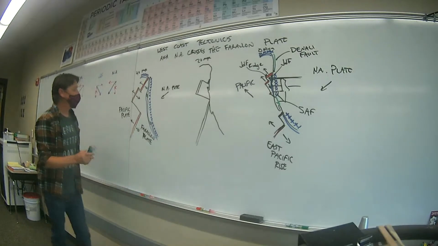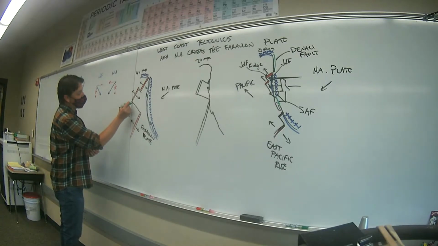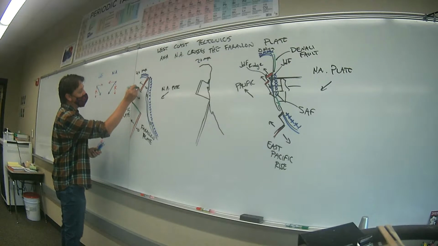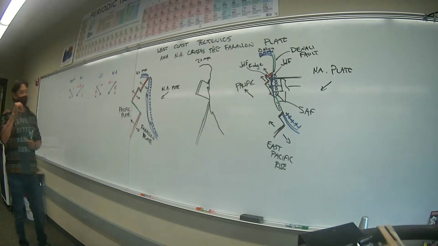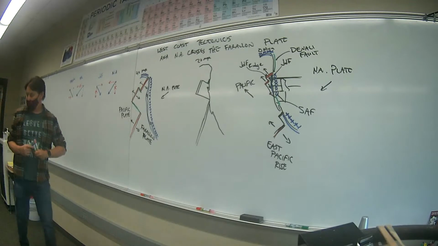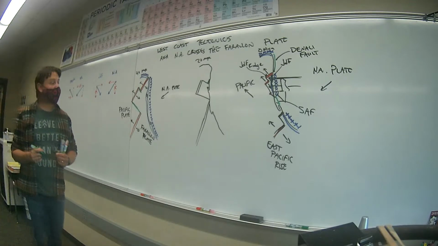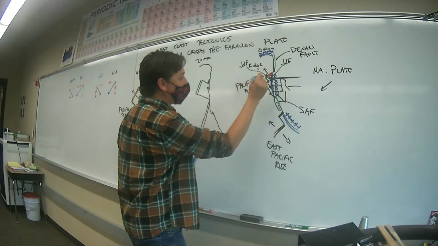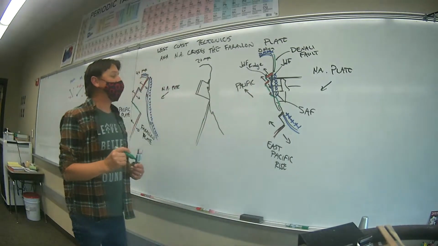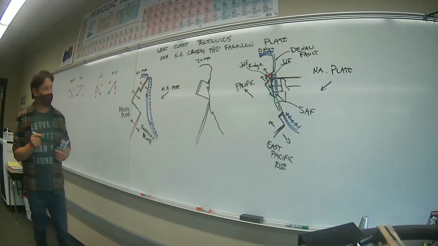A couple little transform boundaries out here in the ocean, but those hardly even count for anything. If we really wanted to, we could come along and add some green transform for these little tidbits there too.